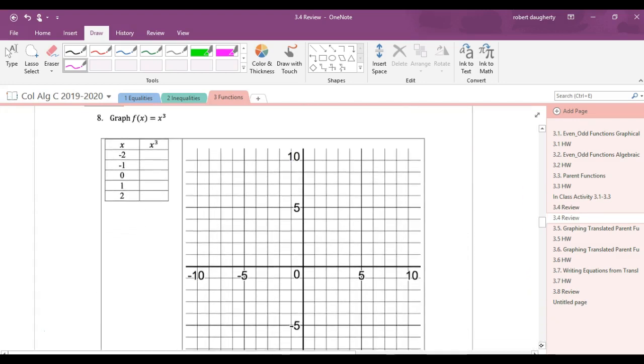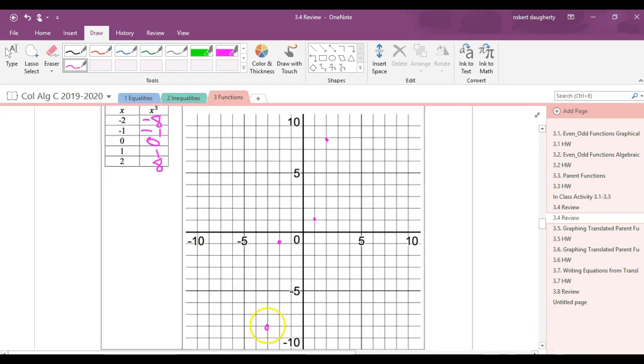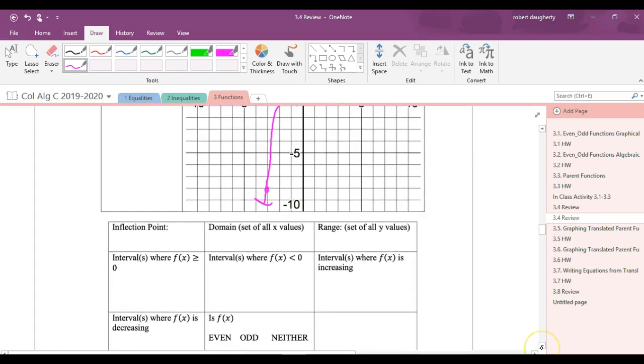F of x equals x cubed. You can look at the points here. If I graph this function, and if I look at this, it has an inflection point at 0, 0.